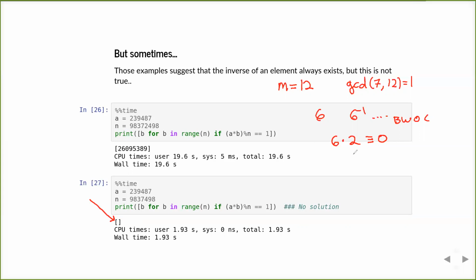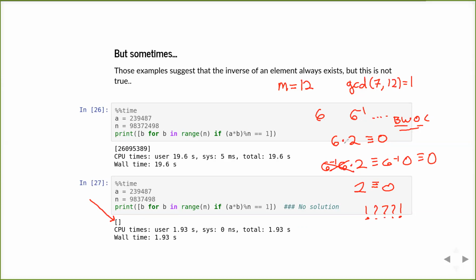Supposing the inverse did exist, I could multiply both sides by the inverse, and after these cancel and this becomes 0, this proves that 2 is equal to 0. But 2 is not equal to 0, and so the assumption cannot have been correct. So 6 has no reciprocal, or no inverse.